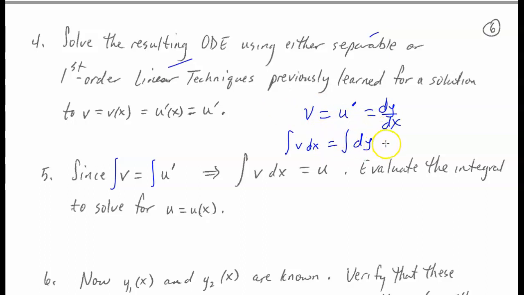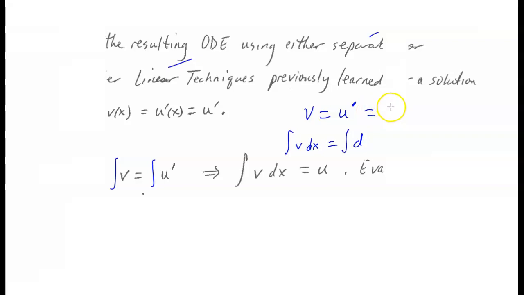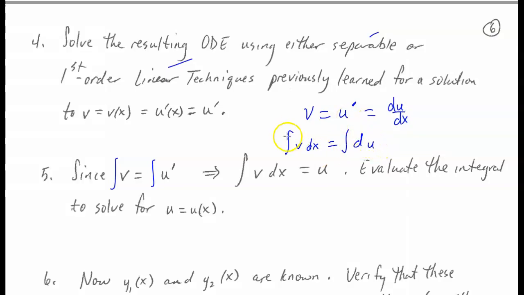Oh, hold on. Okay, so we would have something like this. I don't know why I have the dy here, so let me change that. I had dy there, but really this should be du over dx, and so that should be du there. And so what I have here is the same thing.